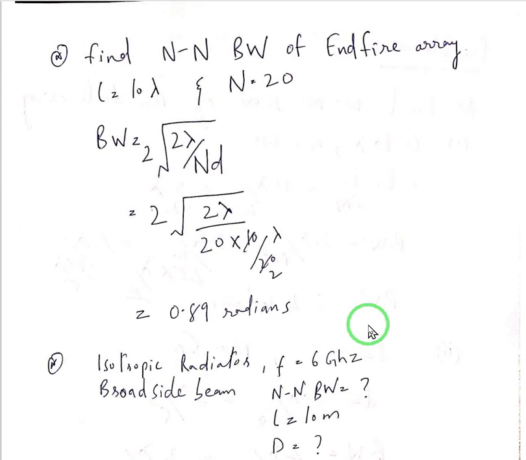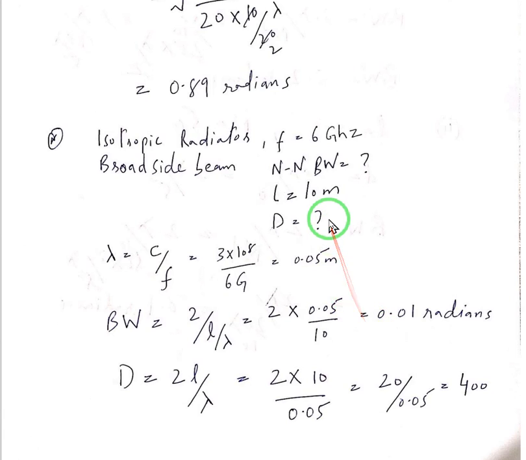Then the next question is, we are given an isotropic radiator with a frequency of 6 gigahertz whose beam is at broadside, and we have to find the null to null beam width where length is 10 meters, and we also have to find the directivity.